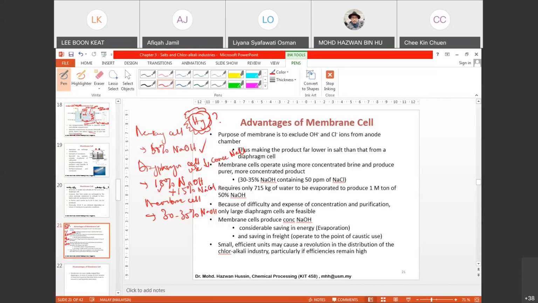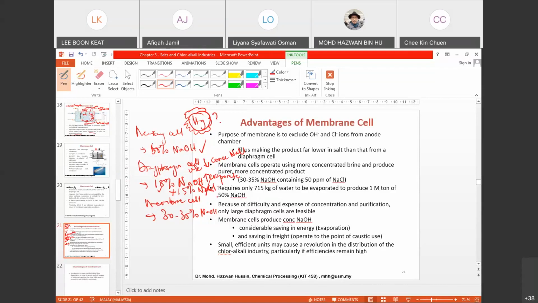Then of course you need to get rid of this, and you need to evaporate so that it can increase the concentration of sodium hydroxide.